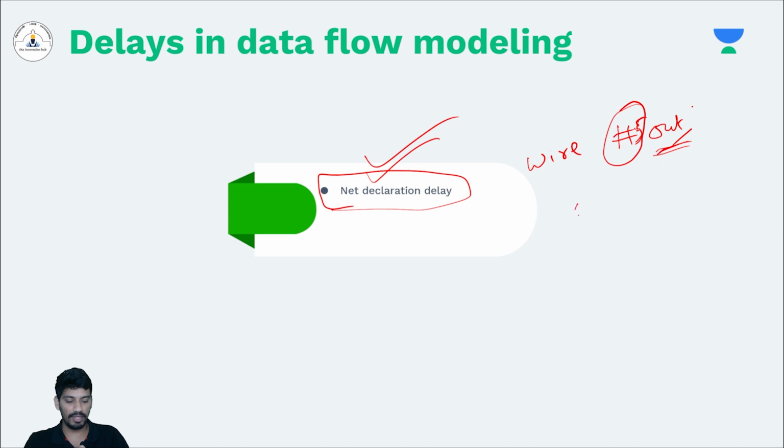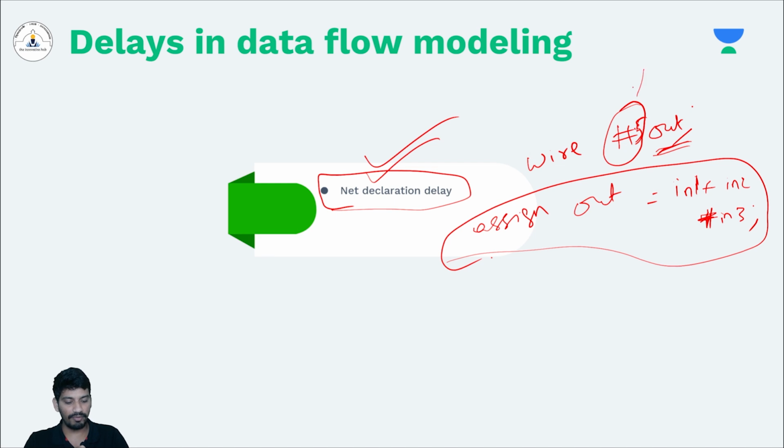So whenever there is an assignment, assign out = in1 + in2 + in3, you already defined the delay of 5 nanoseconds. So it will wait for 5 nanoseconds and then evaluate the expression. This is called net declaration delay. While defining the net itself, you can declare how much delay you want.